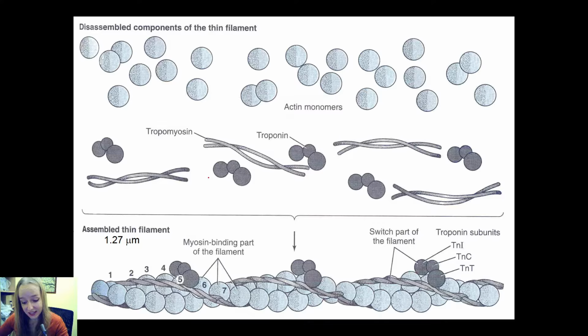Here we can once again see the construction of thin filaments: globular parts and the tropomyosin and troponin complex made of 3 subunits, a double helix of tropomyosin, which is connected to 7 globular parts, and these are the subunits. So this is how it really looks.